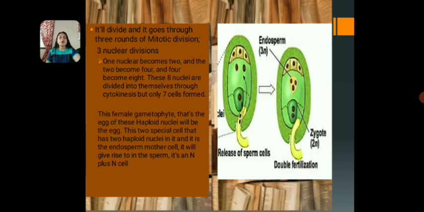Then this female gametophyte, the haploid nucleus, will be the egg. This special cell has 2 haploid nuclei, and it is the endosperm mother cell. It will give rise to the sperm. It's an N plus N cell.